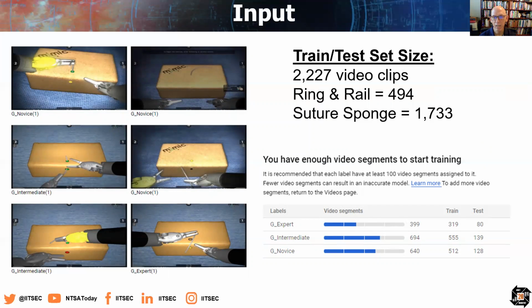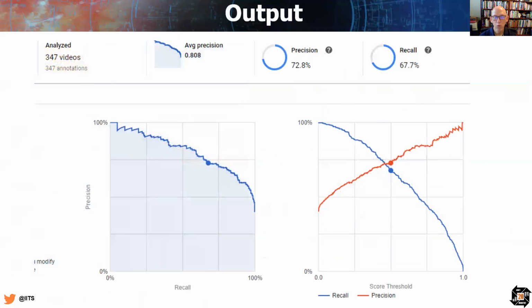So that's the data that you start with, and you run it through the Google algorithms, and the most graphical output that you get are these plots of precision and recall. And this plot is for one of the sets of suture sponge exercises. The algorithm was able to achieve an average overall precision of 80% accuracy.